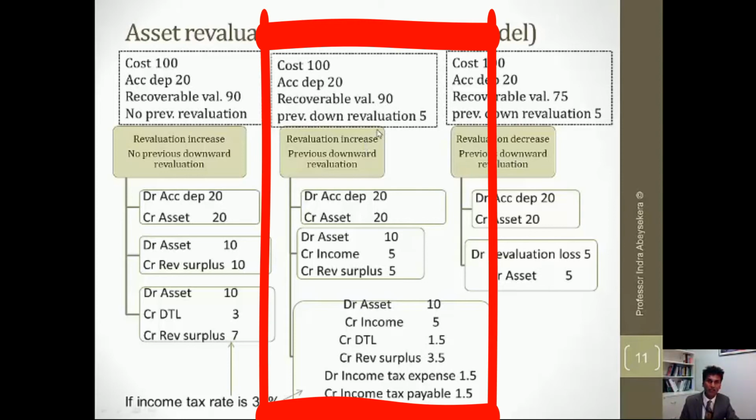The asset has increased in value by 10, but there was a previous downward revaluation. We can now make use of that and reverse it. So we credit income to reverse that previous downward revaluation from a previous year. We do that in the current year as income here. And the remaining amount we will credit to revaluation surplus.